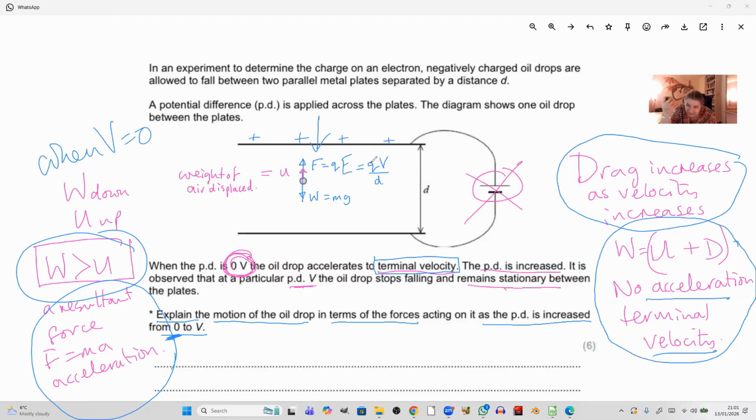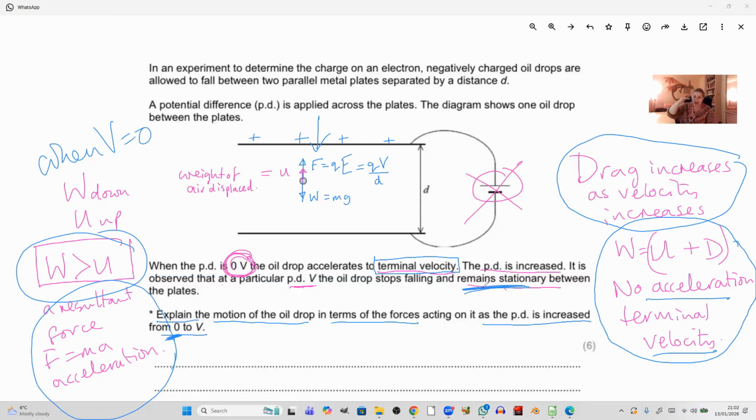Okay, those are your key facts. So as V increases, the electric upward force increases until F plus U up equals W down. And when that happens, then the forces are in equilibrium and the particle can remain stationary.